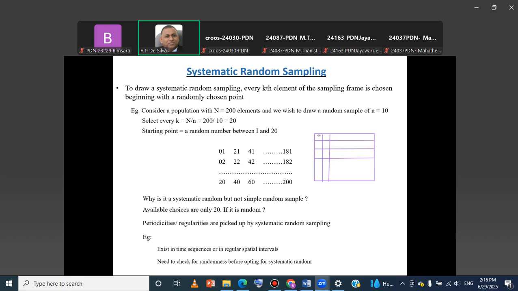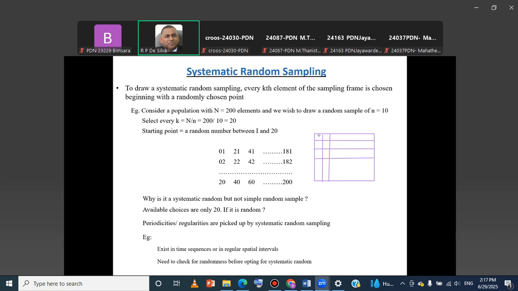So first, between 1 and 20, you take a random number. Say the number is 5. So you take the fifth sample and then you take every 20th sample from 5.